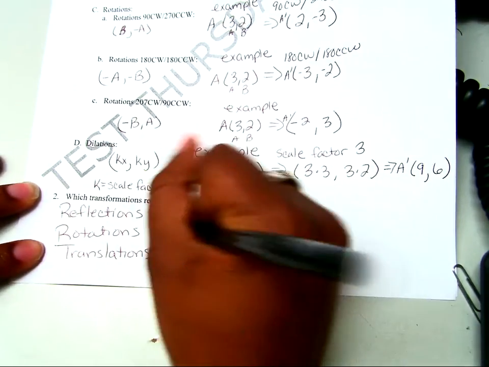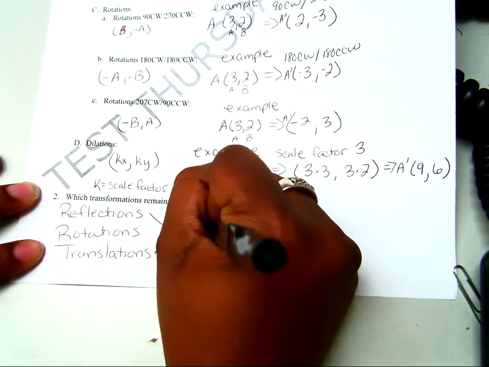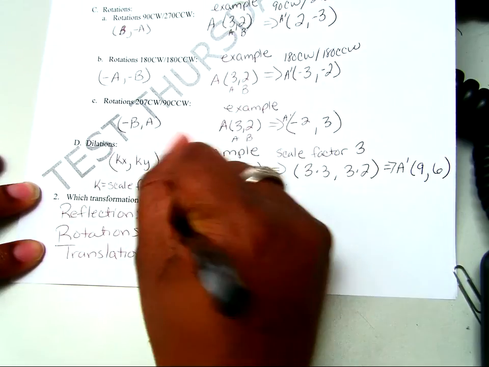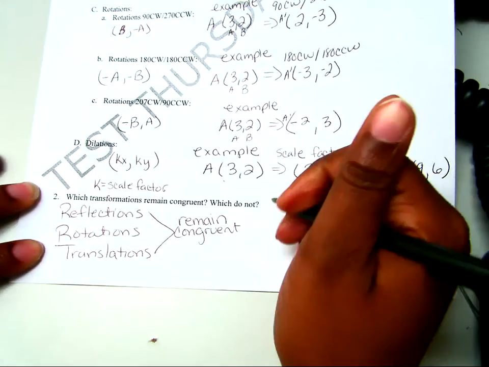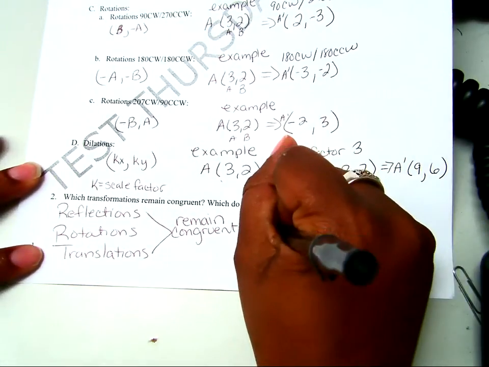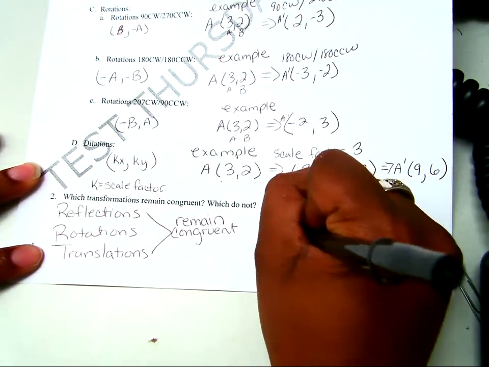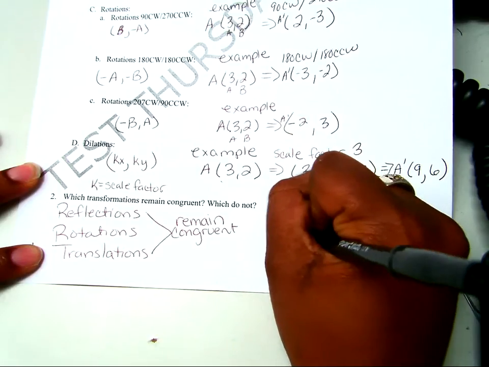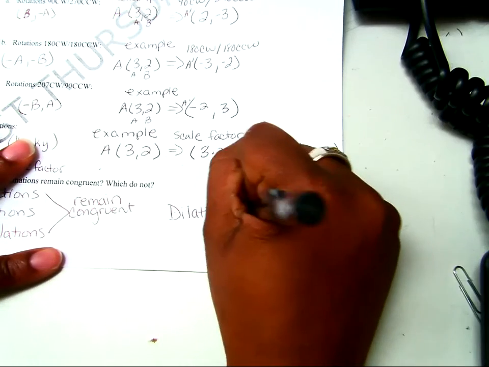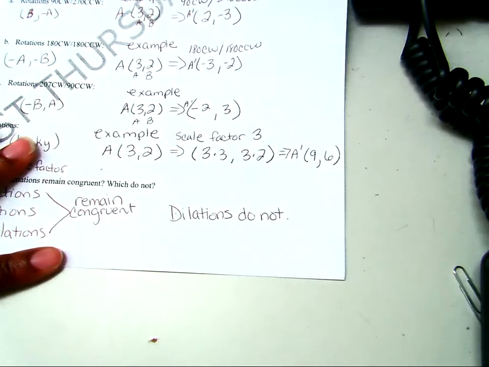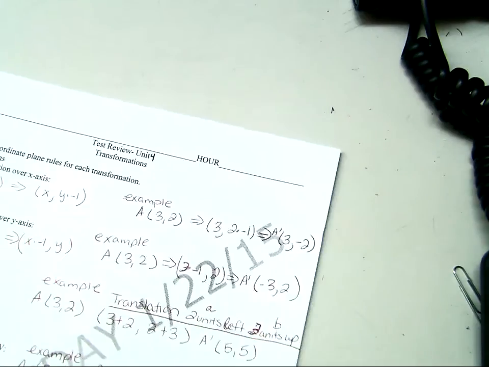Those are all congruent. They remain congruent. Dilations do not. Page 1 is done. All right.